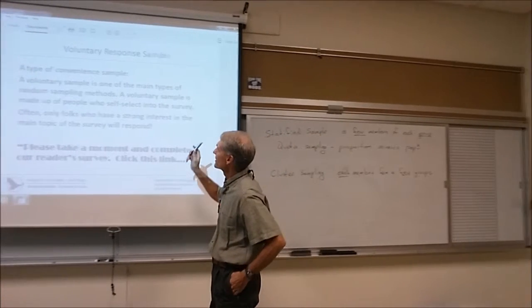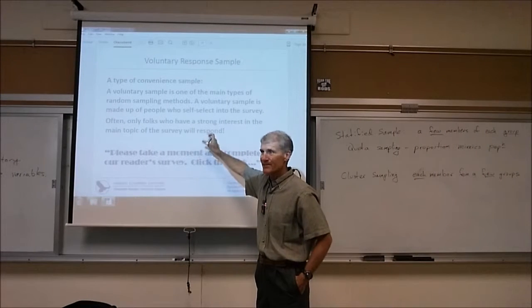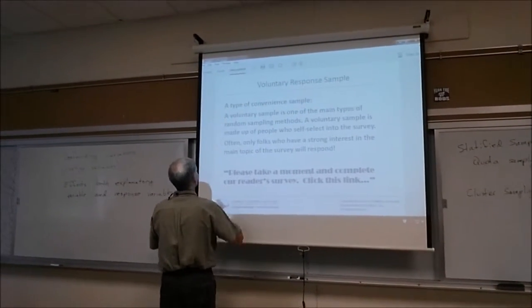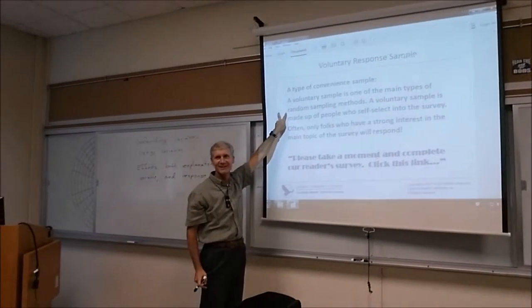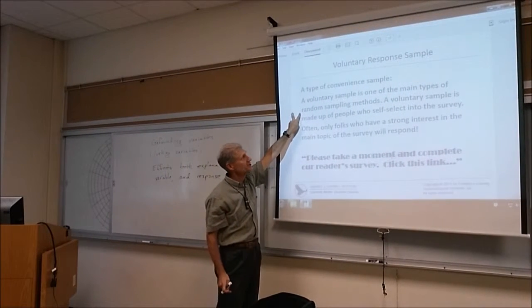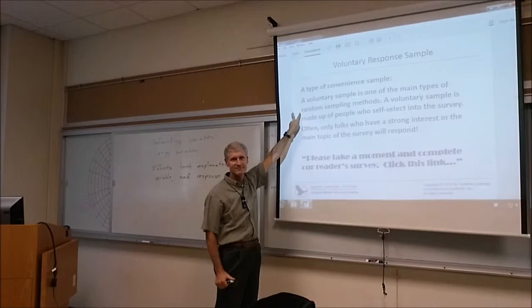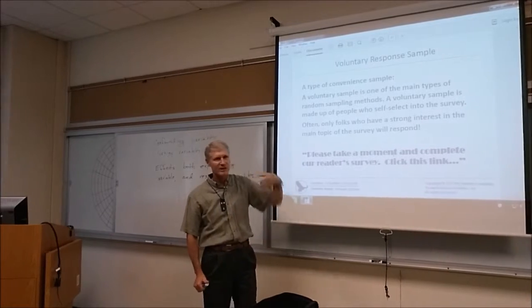Oh, by the way, there's a typo on this slide. I added this slide because the book doesn't talk about voluntary response. Put the word non in front of random. This is a main type of non-random sampling method, right? Because voluntary response is certainly not random. So what the heck is it?